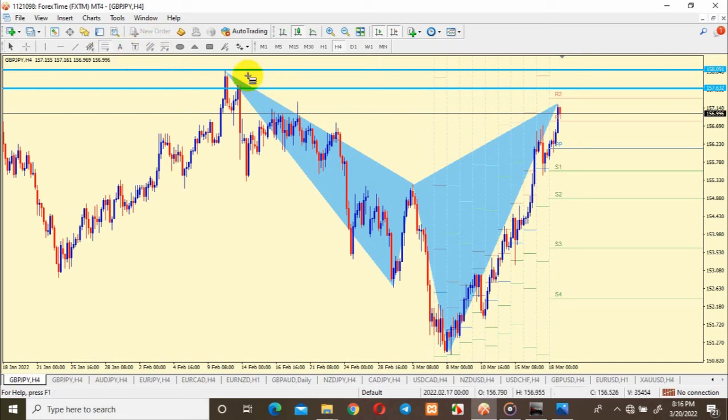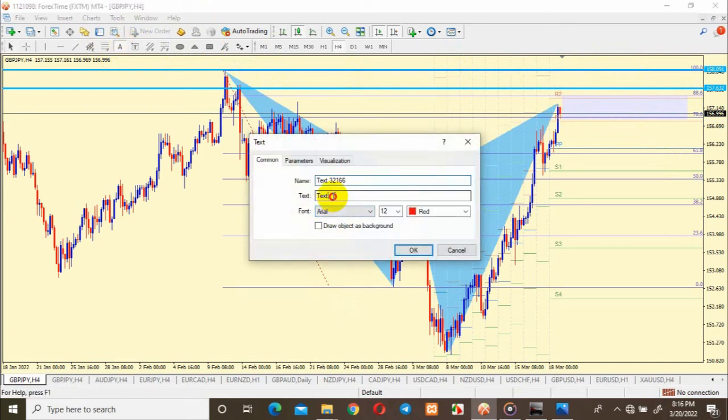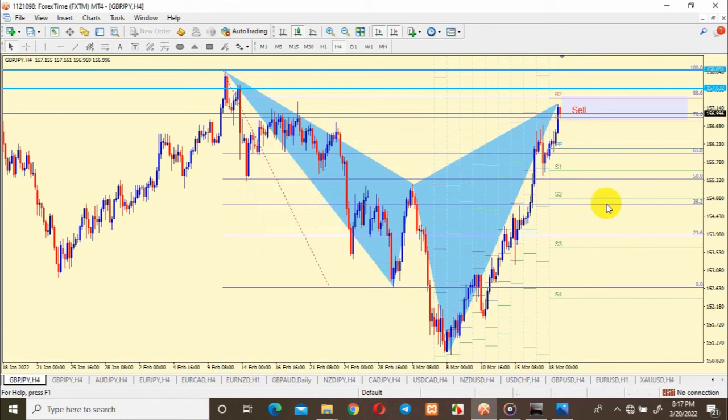How do I know that this is my retracement zone? Look at this, my X2A. You can see price is already on my sell zone. Price is already on my sell zone. Hence price is already there. Let's see if we take our sell trade here.